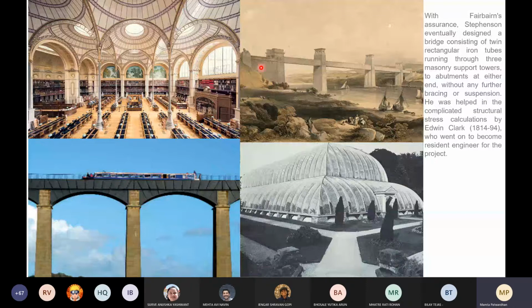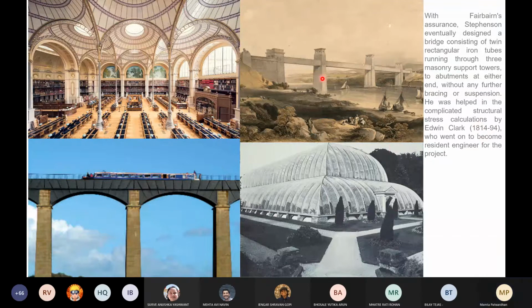So these are the three towers, and you have these iron tubes running through them. Then there are abutments at either end to take the load. Of course, this then became dilapidated, and now they have steel arches here supporting the bridge, but that's fine because we're looking at construction in 1814.